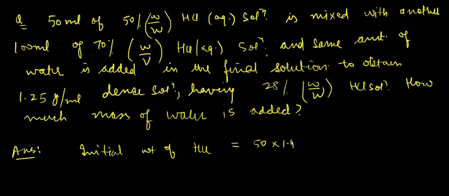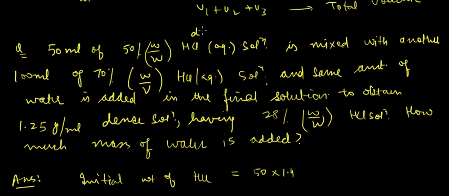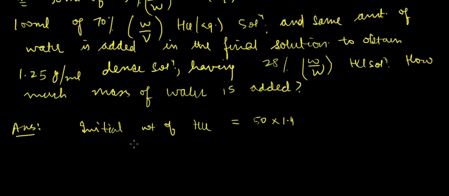I forgot to write the density of this solution. Density of this HCl solution is 1.4 gram per ml. The 50 milliliter is already given and the density is 1.4, so you can calculate the mass.